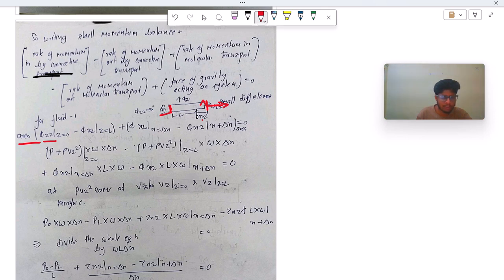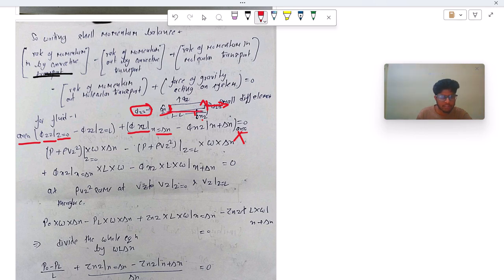This will be the perpendicular area for phi zz. So area into phi zz at z equal to 0 minus phi zz at z equal to L, plus phi xz at x minus phi xz at x plus delta x, into area. The area perpendicular to the phi xz component will be L into W.